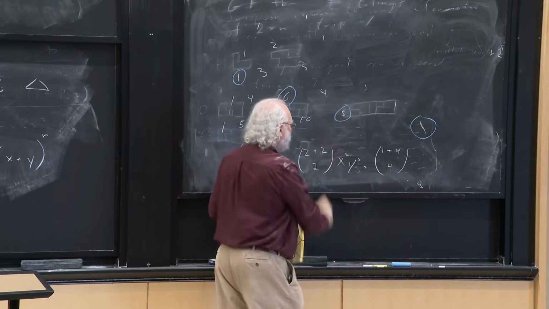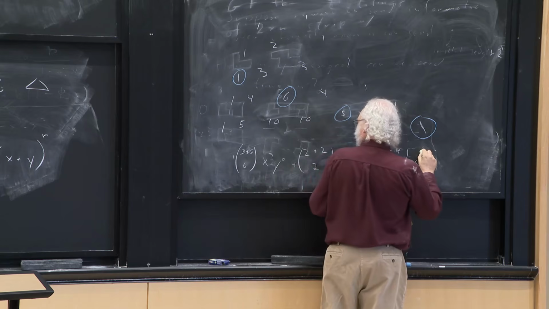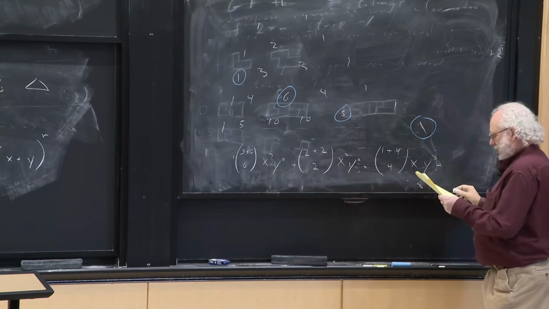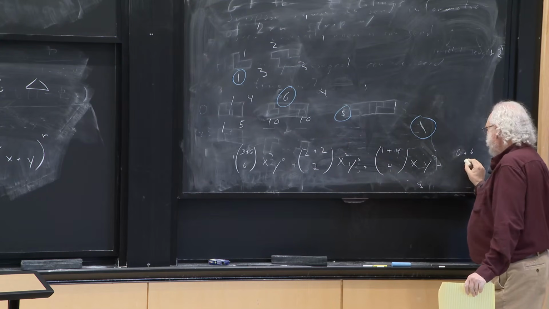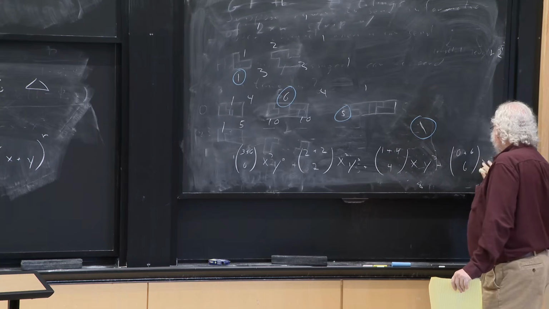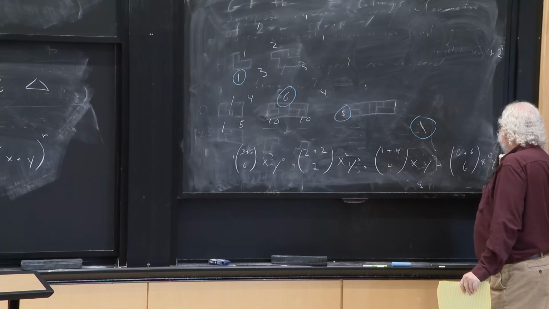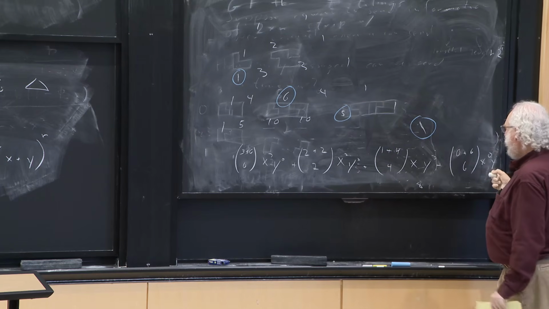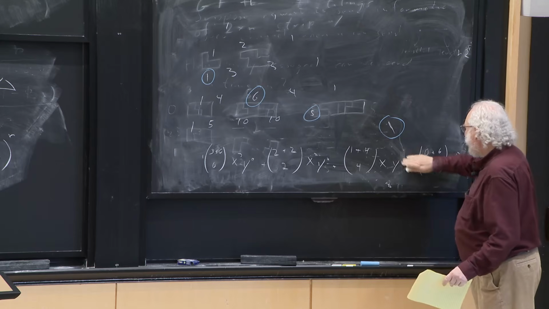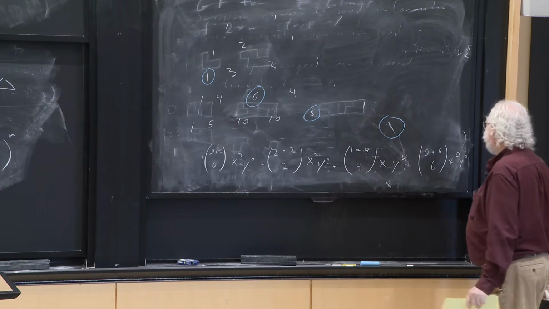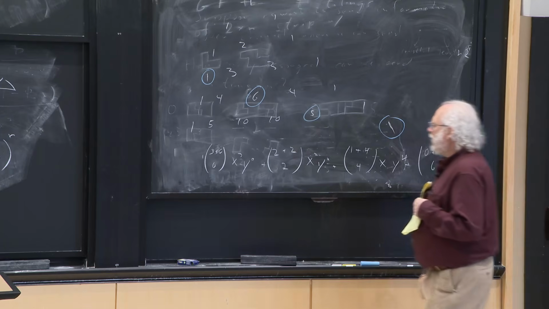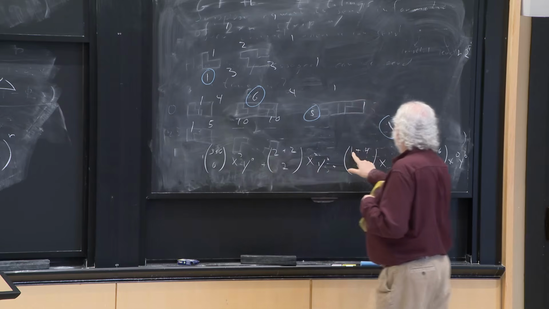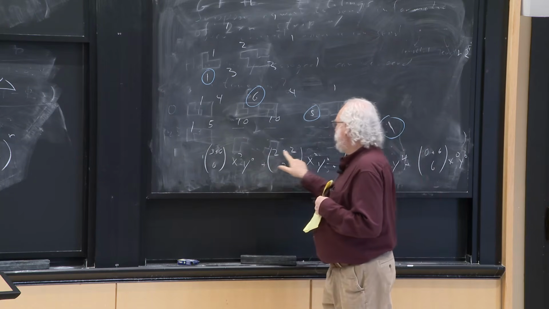That's 5 choose 4, that's this, x y cubed, plus 0 plus 6 choose 6, x to the 0 y to the sixth. This is y fourth, this is y sixth. So what we're doing is we're going along and subtracting 1 from m and adding 2 to n each time.